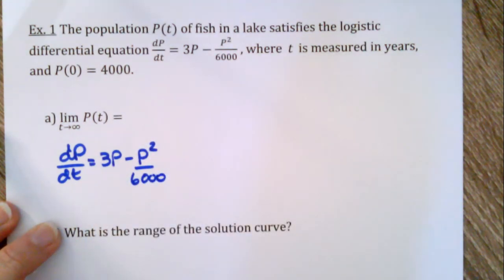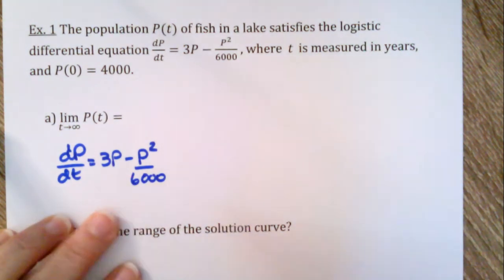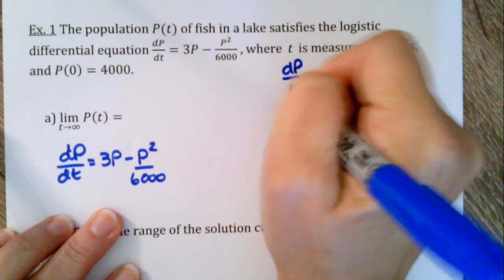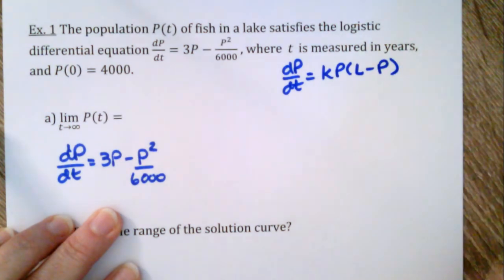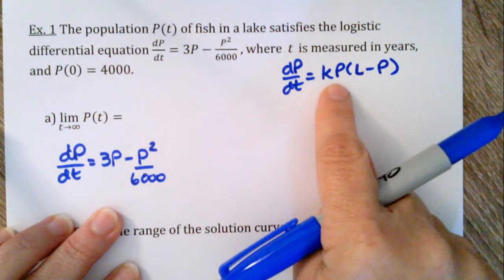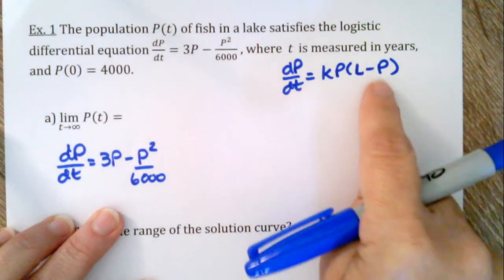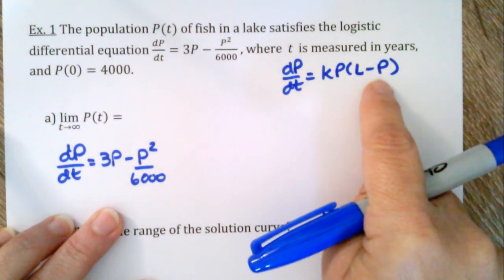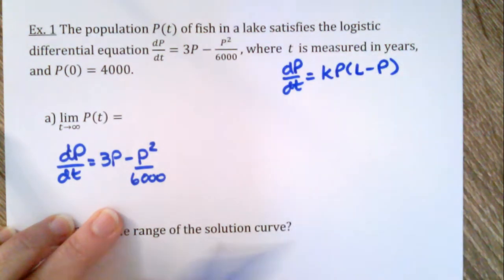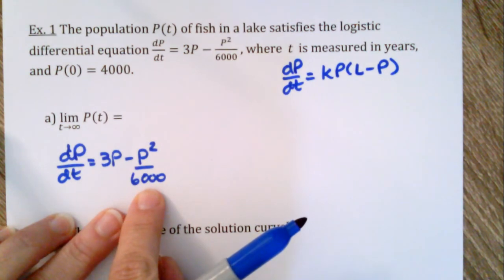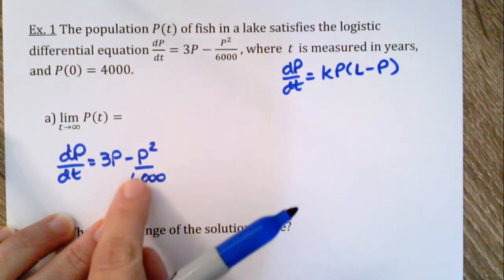In order to identify that carrying capacity, I need to get this differential equation in the form that I showed you previously, K times P times L minus P. What is really important here is that this P does not have a coefficient on it. And so as we can see in our example, we've got a coefficient of 1 over 6,000 on this P squared term.